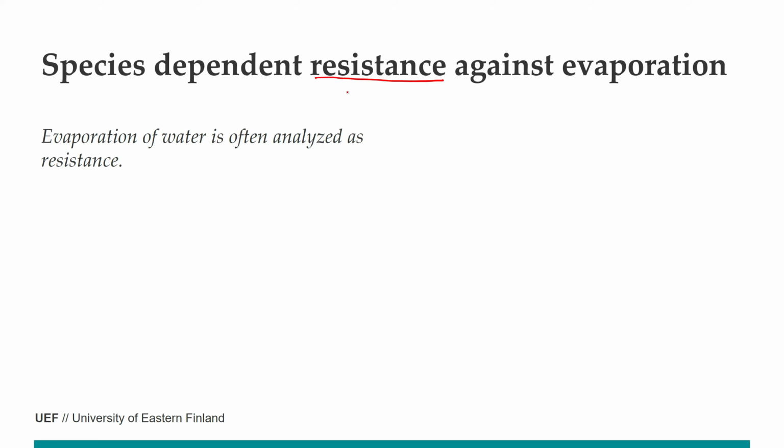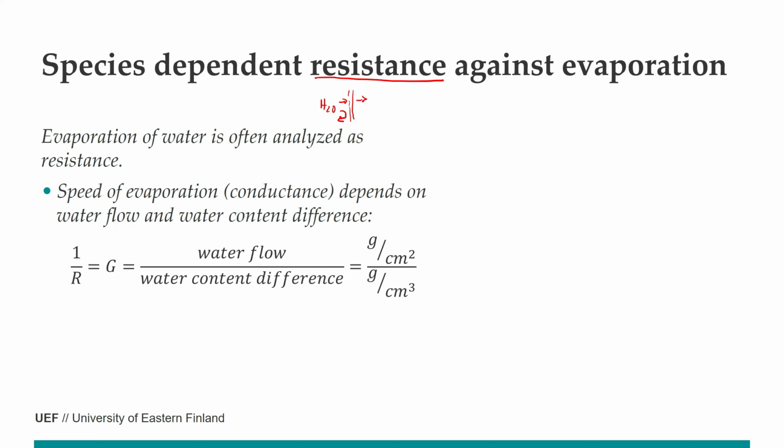You have a layer, and water is trying to pass through, but some of it passes through, while the majority is not passing, so it's resisting. And the resistance is related to the conductance, which describes how much is actually flowing through.